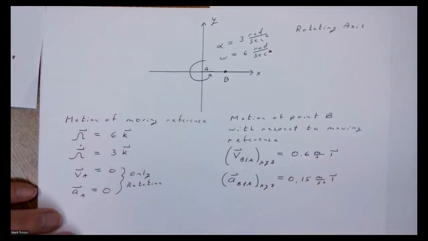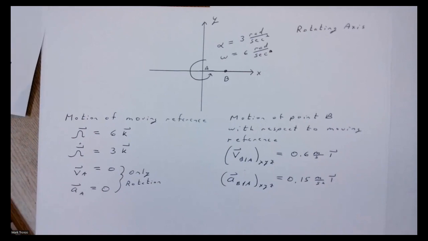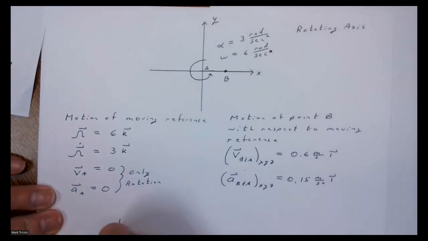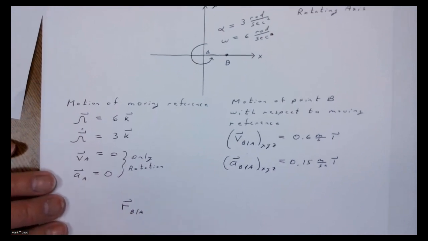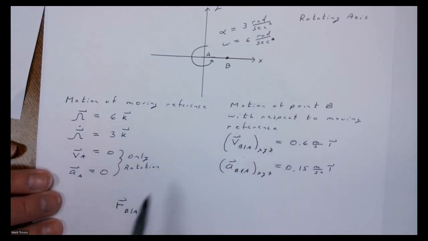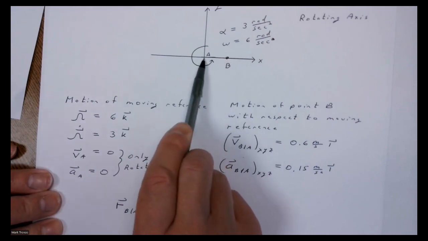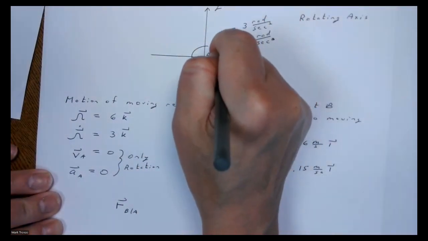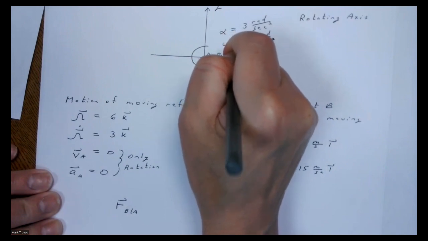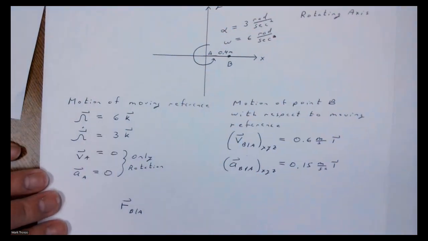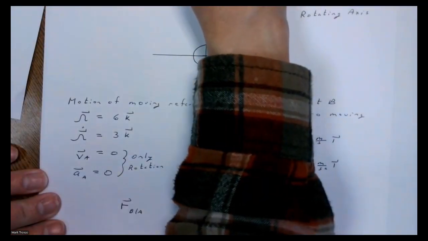I like that. And we pretty much have everything done that we need. We're probably going to eventually need that R_B/A, and so we might as well take care of that right now. R_B/A is going to be the radius or the distance of B relative to A. And so it's going to be 0.4 meters, because that's where B is at the time, if you remember from our picture here.